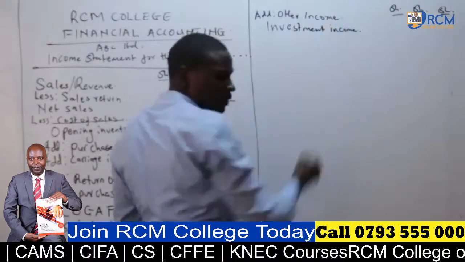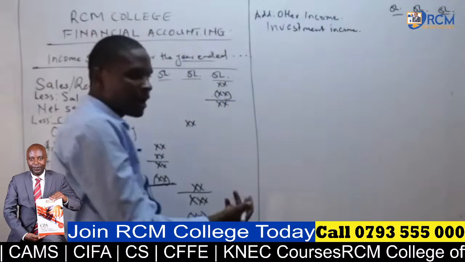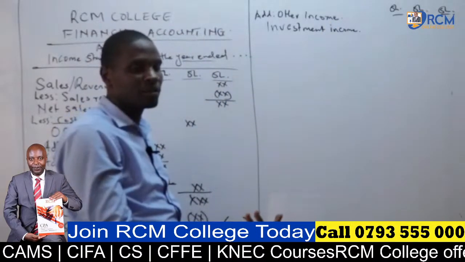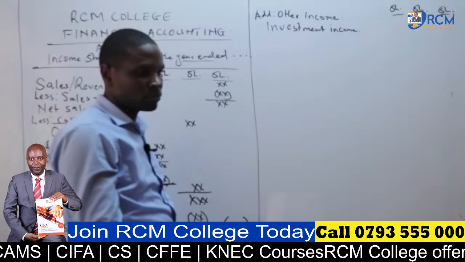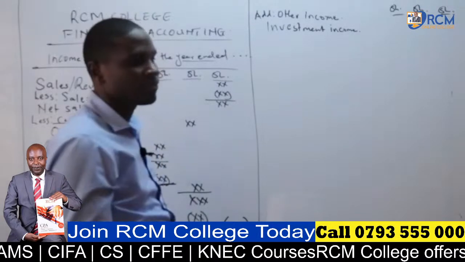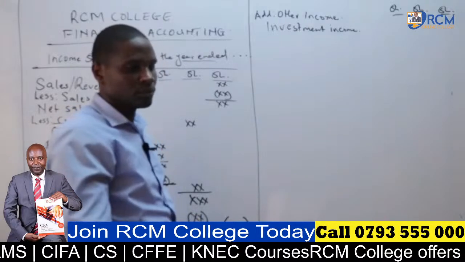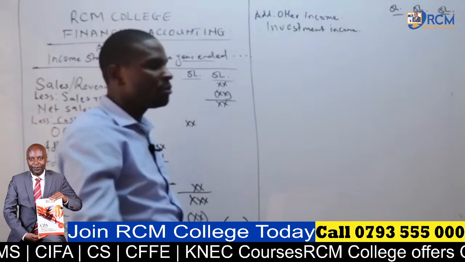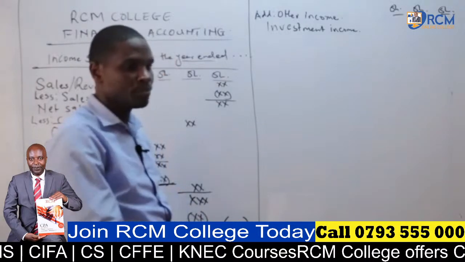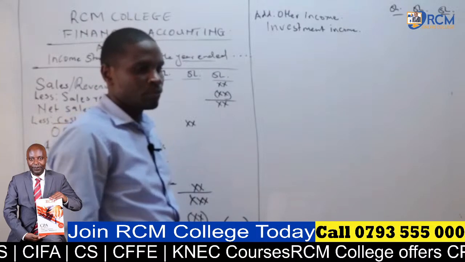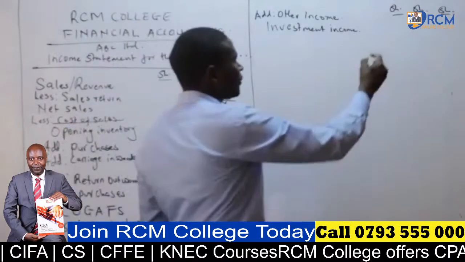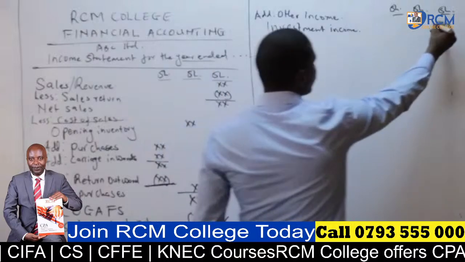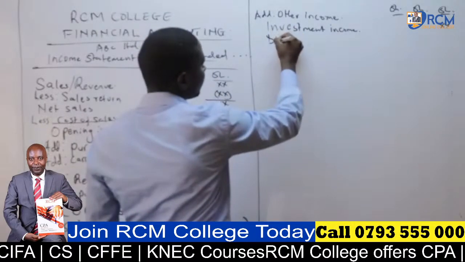Give me another one. You get the income revenue, those items on the credit side. Any other item? Give me one, give me two, we proceed. Discount received, thank you. So this one, I just put it there. Then we have discount received.